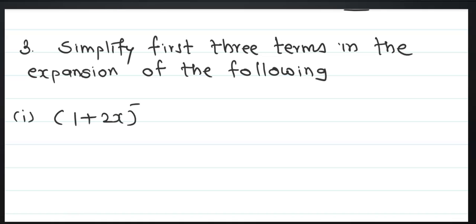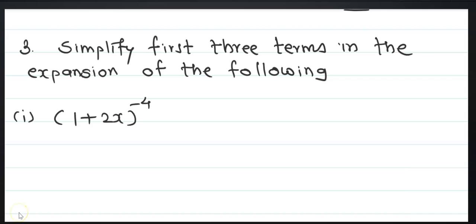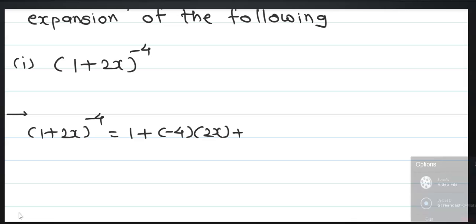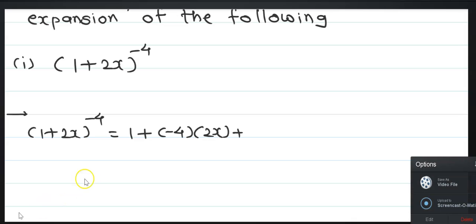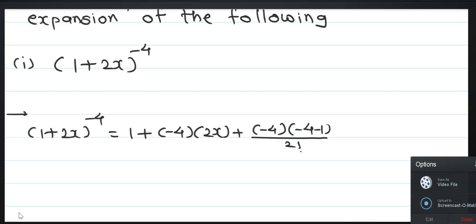Now first is 1 plus 2x bracket raised to minus 4. 1 plus 2x bracket raised to minus 4, then you will get 1 plus minus 4 into 2x plus minus 4 into minus 4 minus 1 upon 2 factorial into 2x bracket square.